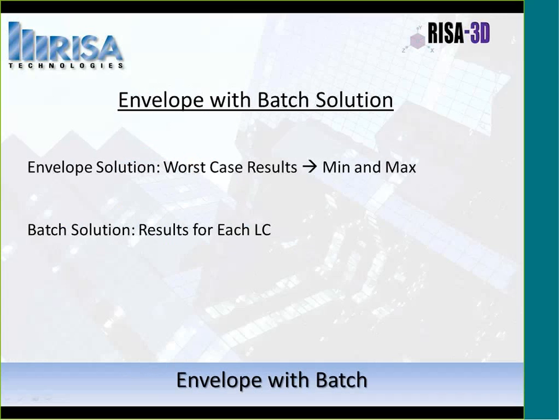So one of the big features we're going to talk about is in RISA 3D, starting out with the envelope with batch solution. Let me explain what this means. The envelope solution runs all the load combinations, and what gets reported back to you upon solution in RISA 3D is the worst case results, which means you're finding the minimum and maximum on the joint reactions, the deflections, the design results.